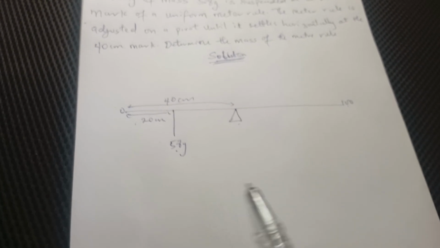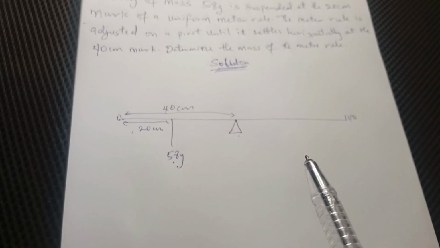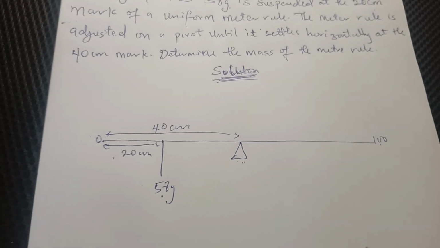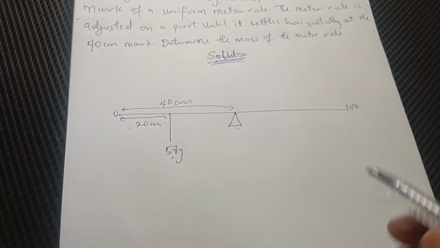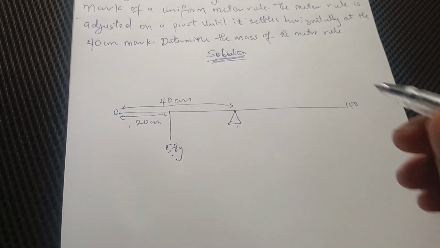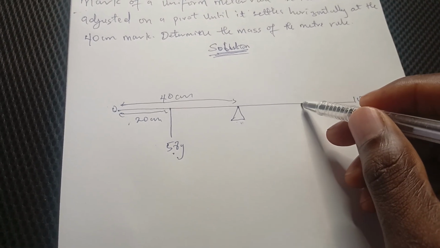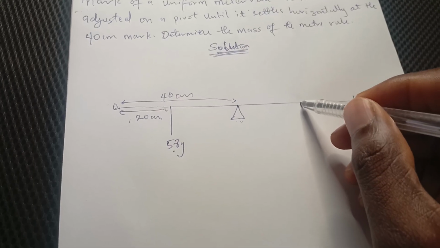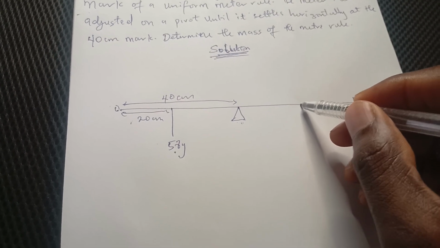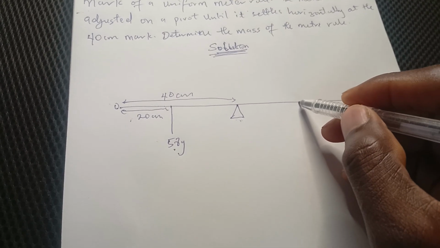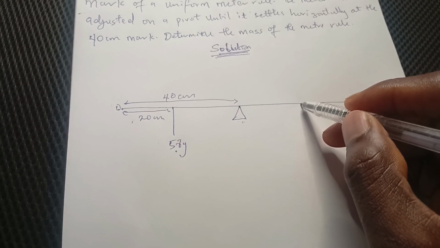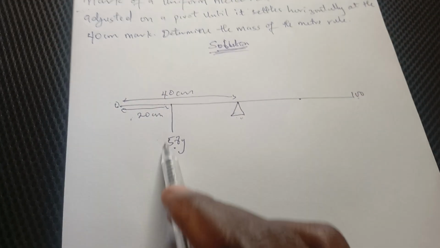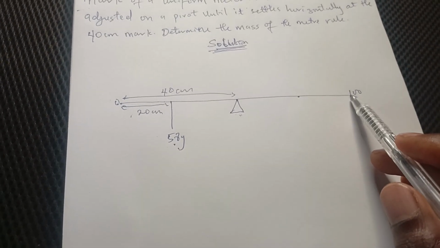Now, note something. In case you meet this kind of question anywhere, whenever you are asked to calculate the mass of the meter rule, we believe that there is a mass that this meter rule is engaging itself with that we don't know. If there's a force pulling on this part, that means there's a mass there.